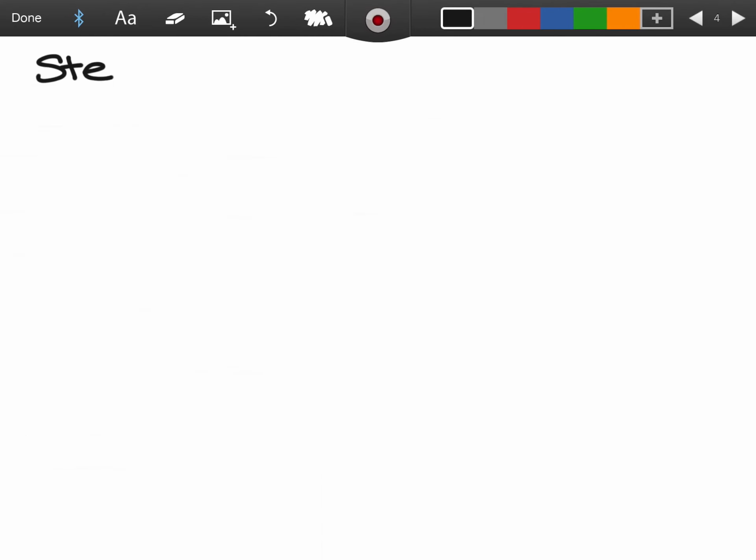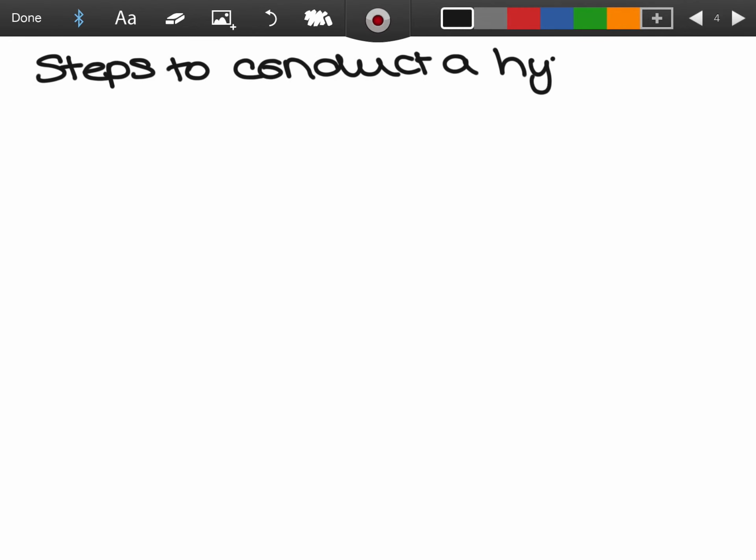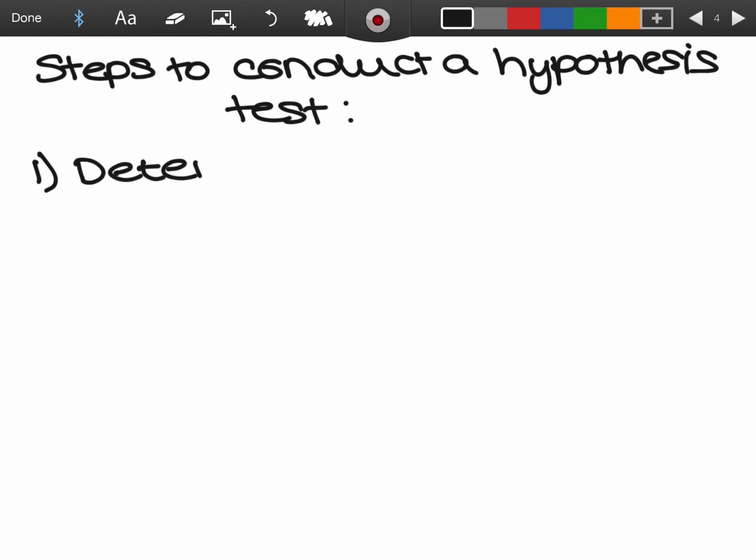So steps to conduct a hypothesis test. Step 1 is just to determine the null and alternative hypotheses.